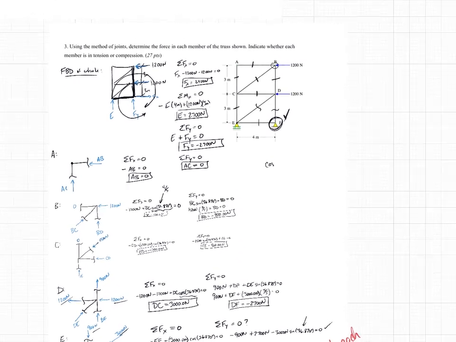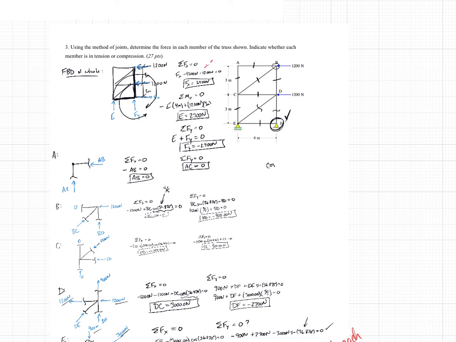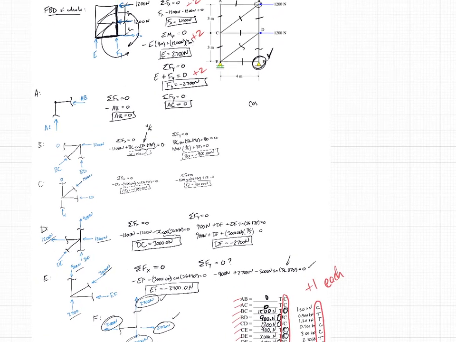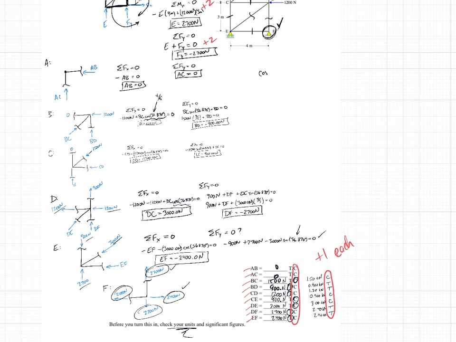So basically, you've got 2 points for this equation, 2 points for this equation, and 2 points for this equation, right? Those are the biggies. So that's 6. So now we're up to 15. We've only got 12 more points. Well, look, we've got these 6 locations, right?